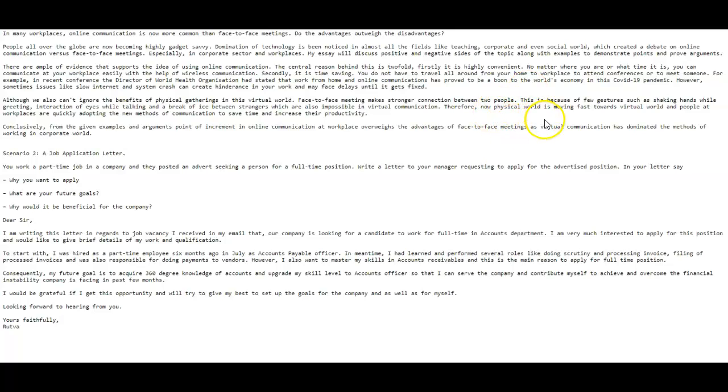now the physical world is moving fast towards the virtual world, and people at workplaces are quickly adopting the new methods of communication to save time and increase their productivity. Now, again, this sentence feels like it belonged over here. Okay, so your last sentence in your paragraph is kind of changing gears. I don't feel like you're using the last sentence in the paragraph appropriately.